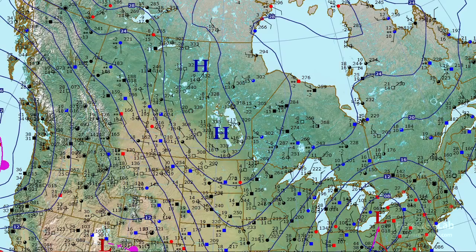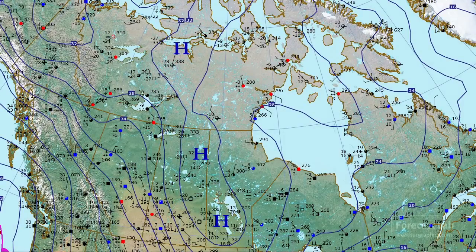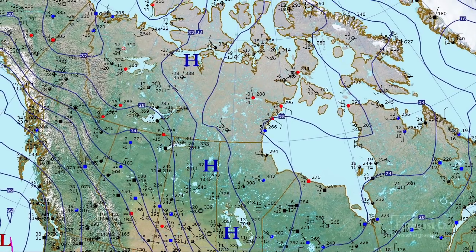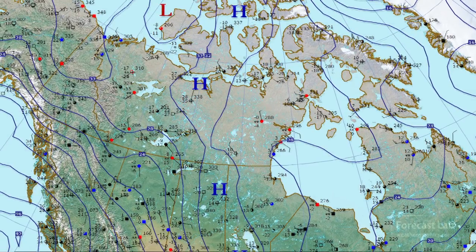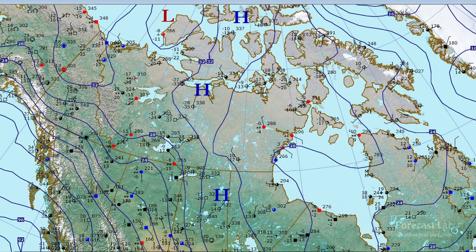Let's go a little bit further north. And it's not that cold. This looks like a very typical weather map for northern Canada. And usually what I'm looking for is very strong high pressure, 1040, 1050 millibars. I'm looking for temperatures below minus 20, down to minus 30, minus 40. Not seeing that at all.